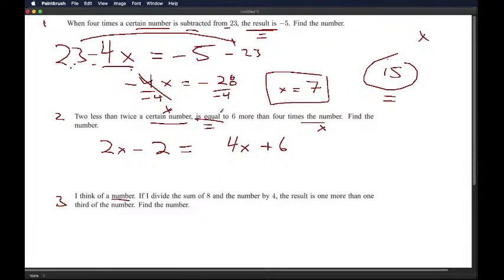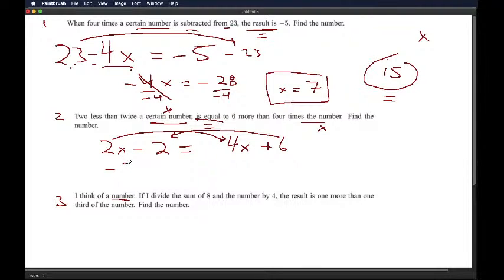So for you guys, the hardest part, if you can do linear equations, you guys usually can do these without a problem. The big thing is creating the equation. So try and really develop it in your mind. 2 less than twice a certain number. So that's what this means. So the easiest way to do this is I would put this number on that side, and I would put that on that side here.